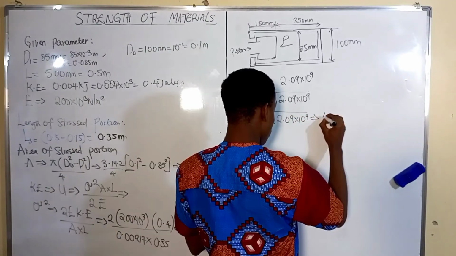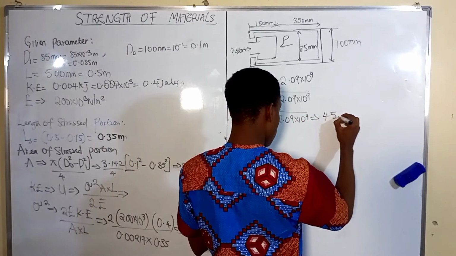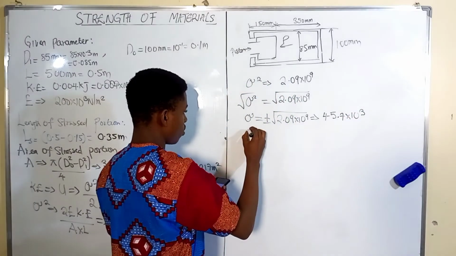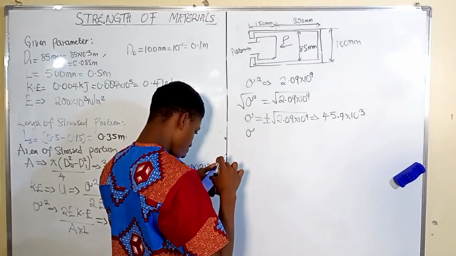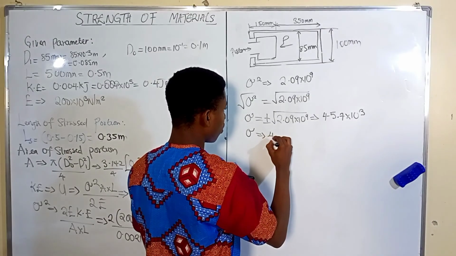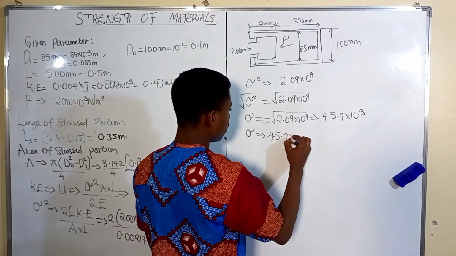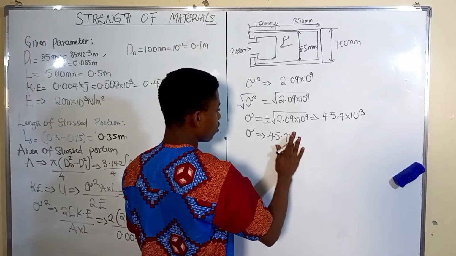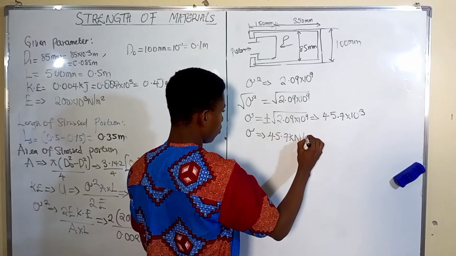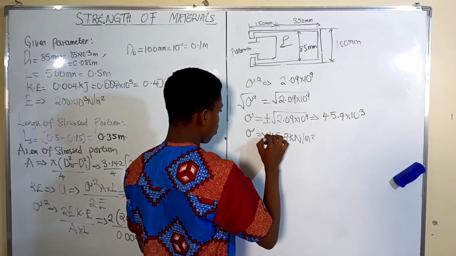Now this will result in 45.7 times 10 to the power 3. 10 to the power 3 is kilo, so we have this as kilonewton per meter square. So this is plus or minus.